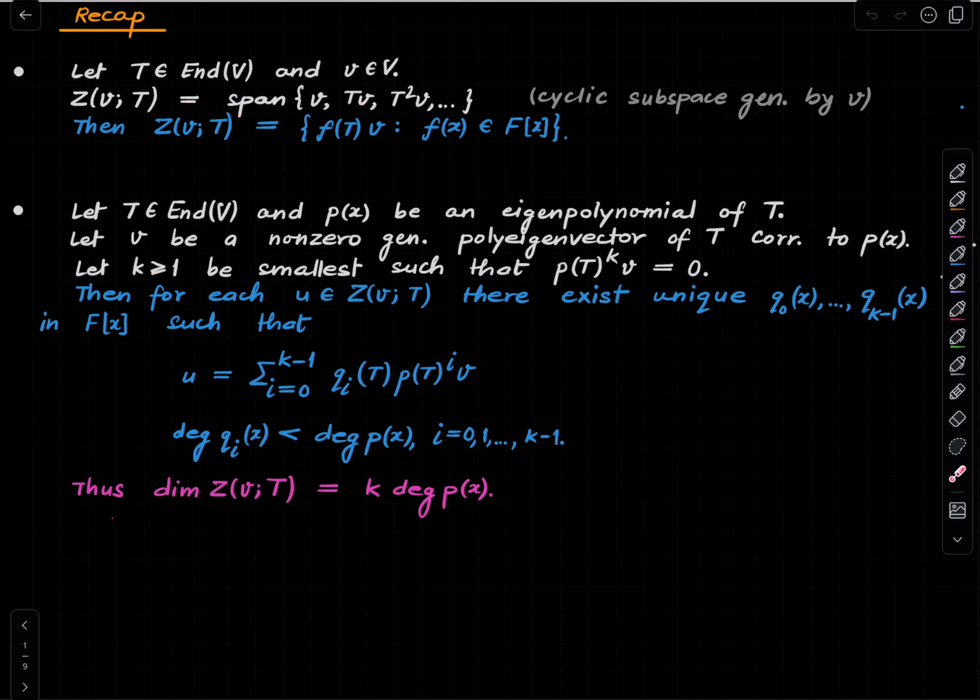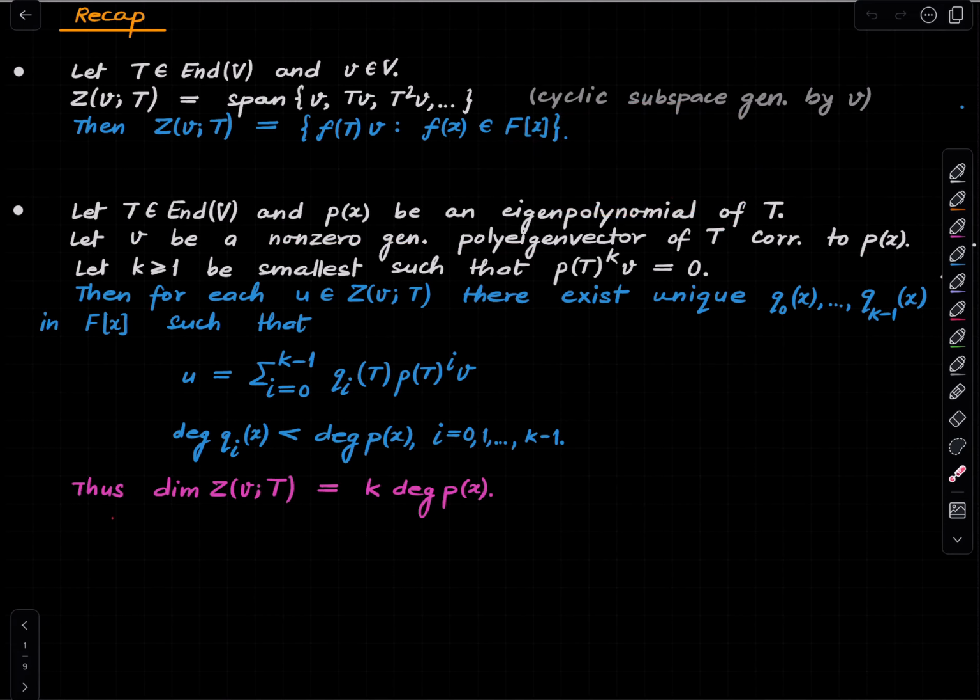And here is another thing that we need to recall. Again, we have an endomorphism T, and this time let p(x) be an eigen polynomial of T, and v be a non-zero generalized polyeigenvector of T corresponding to p(x). Let's recall what that means. What that means is that there is some positive integer k such that this is 0. That's all that we are saying.